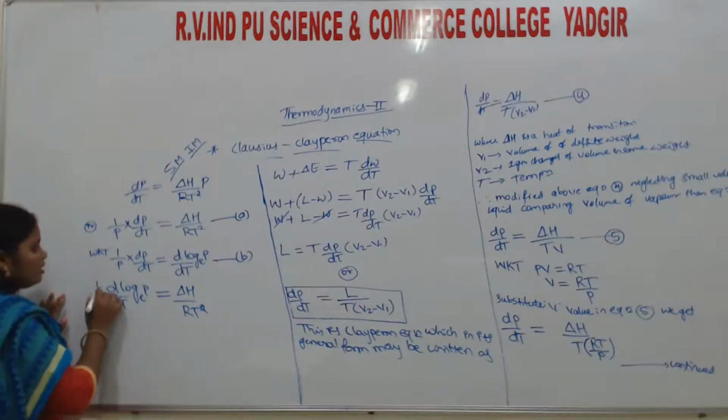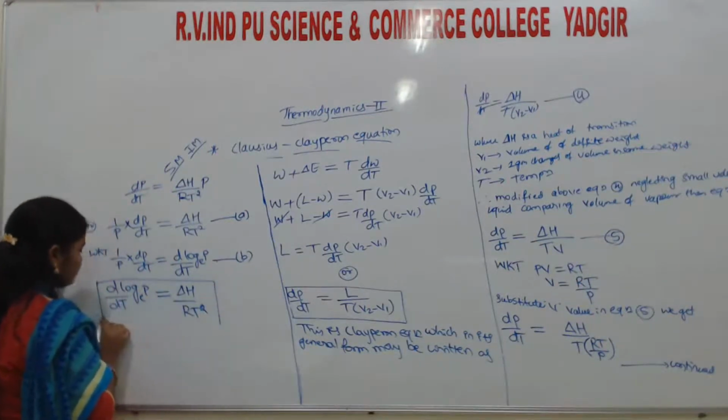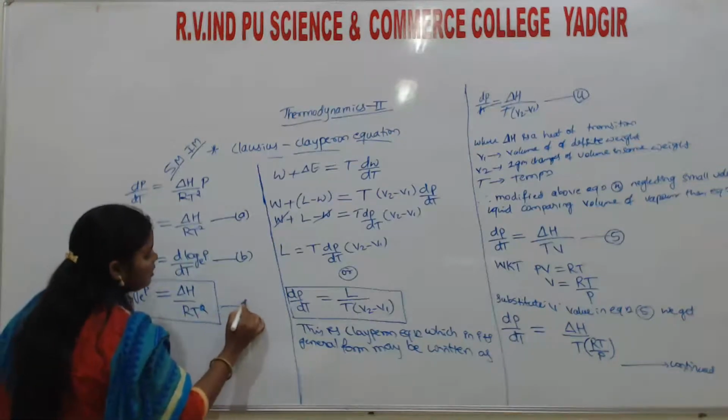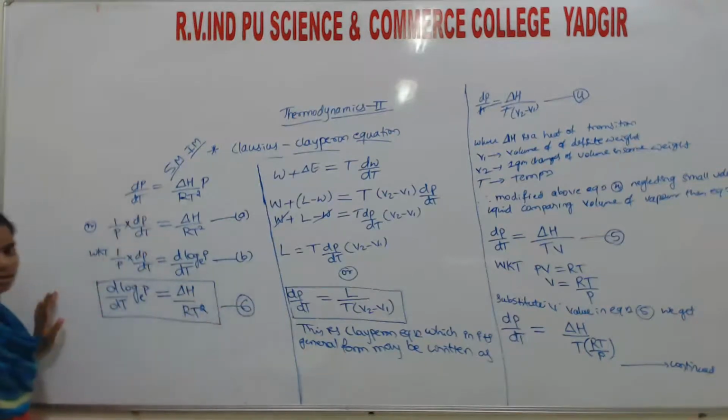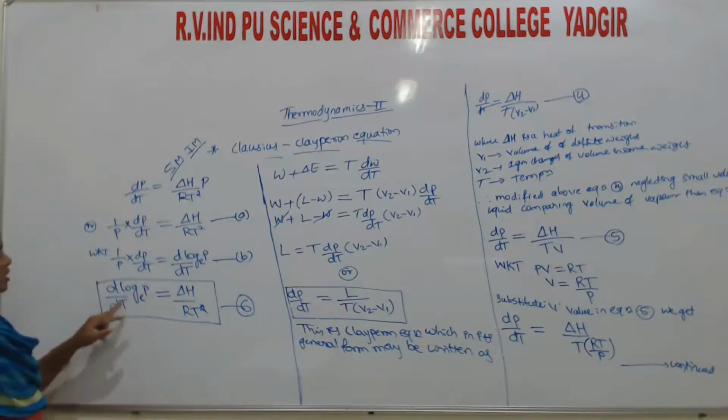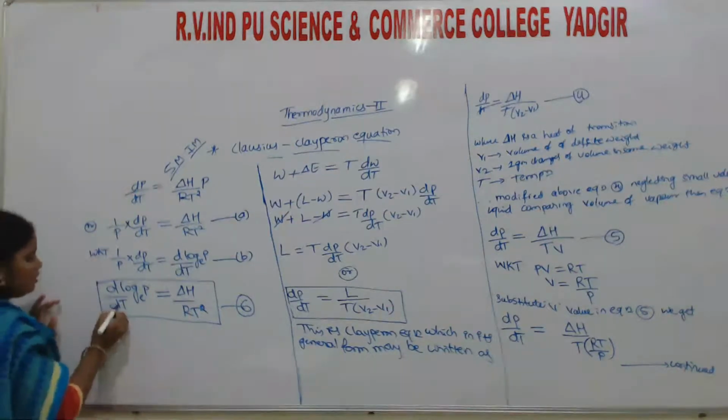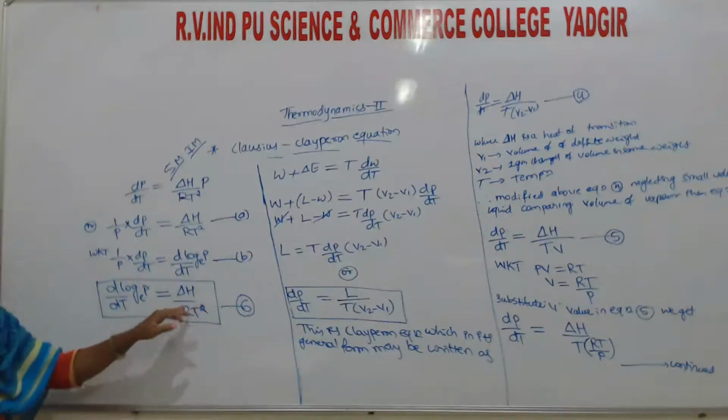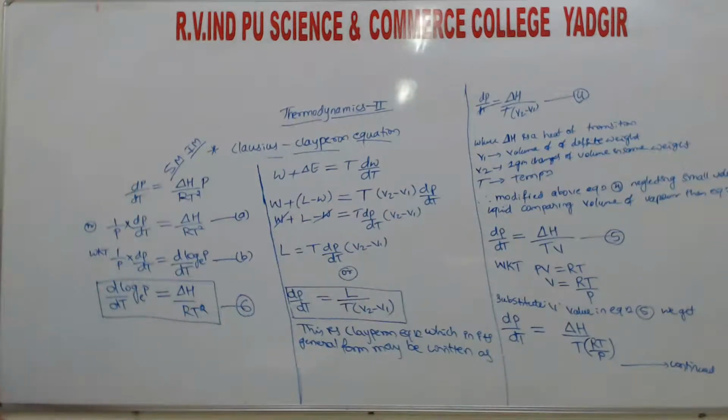This is equation number 6. Here, d log e P divided by dt is equal to delta H divided by RT square.